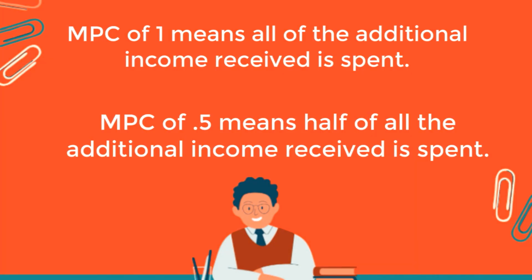A marginal propensity to consume of 1 means that all of any increase to income is spent, whereas a marginal propensity to consume of 0.5 means that half of any additional income received is spent.